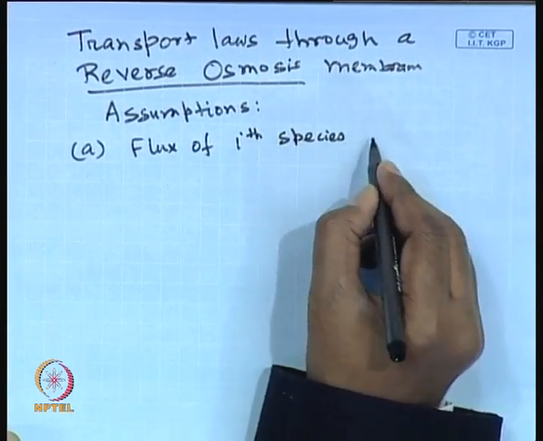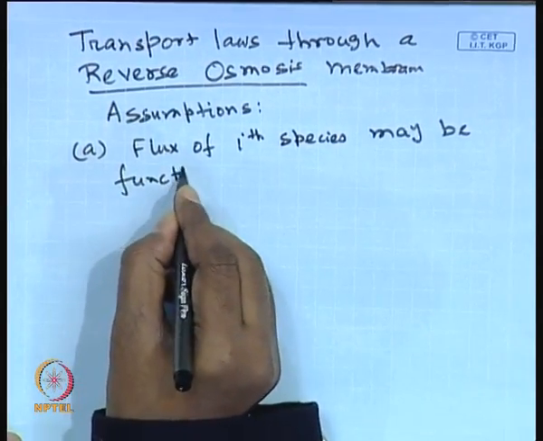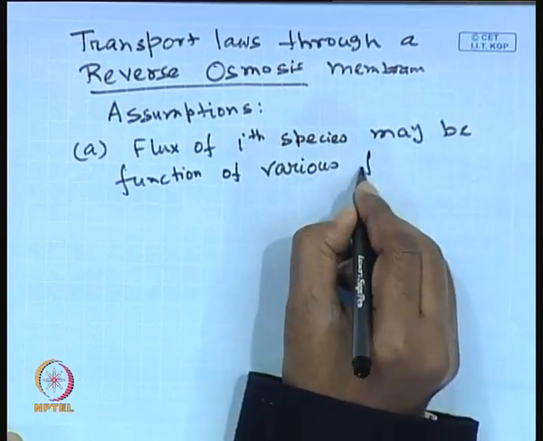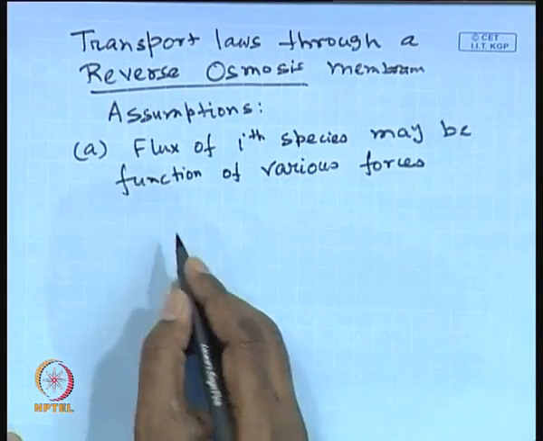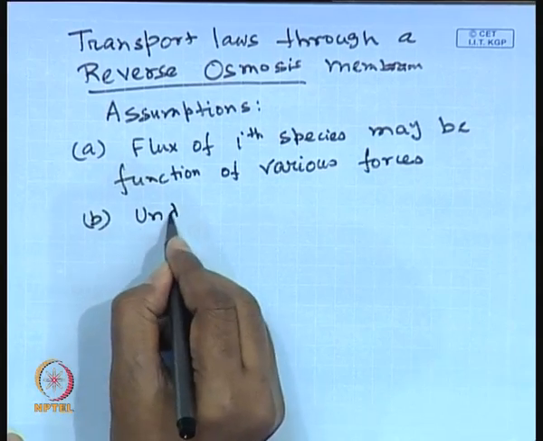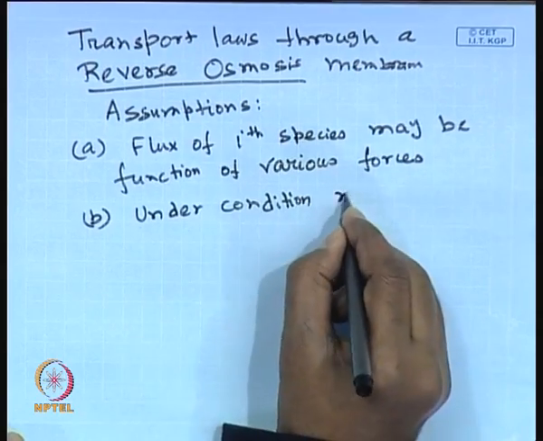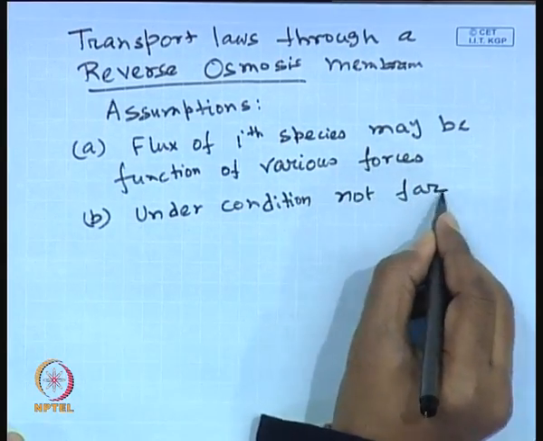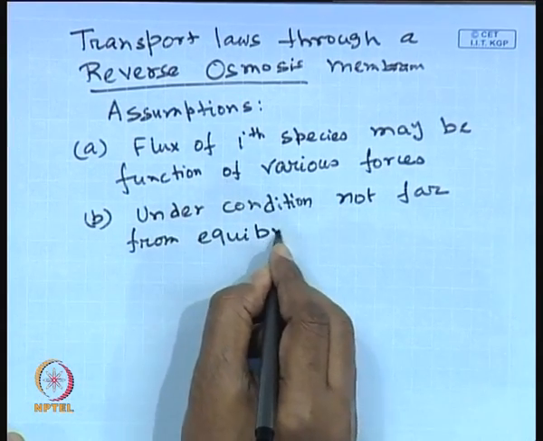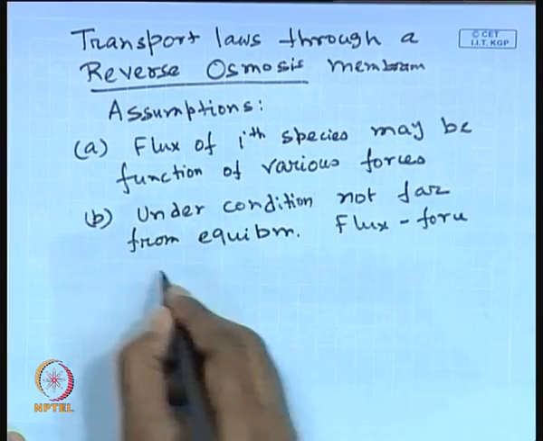Okay. The flux of the ith species may be a function of various forces present in the system, number 1. Number 2, under conditions not far from equilibrium, the flux force relationship is linear.